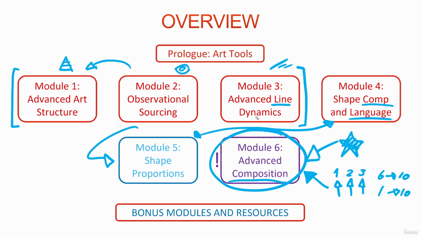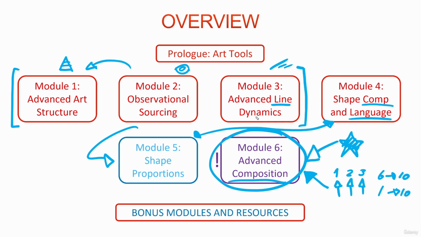Now, let's move on to bonus modules and resources. At least at the time of recording, the bonus modules include demos, full time-lapse demos, as well as sped-up time-lapse demos for rough sketches. Some use the theory, some do not, so that you can contrast where you can, and believe you me, once you've done these modules, you'll be able to see in an instant artwork that uses advanced composition and artwork that doesn't.